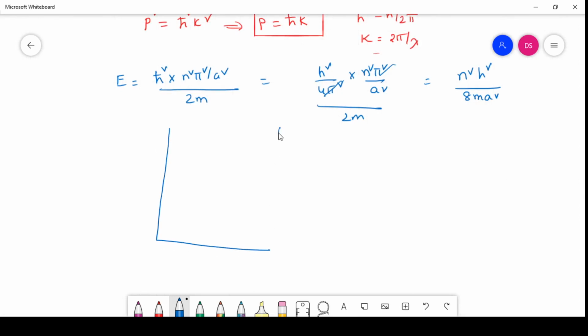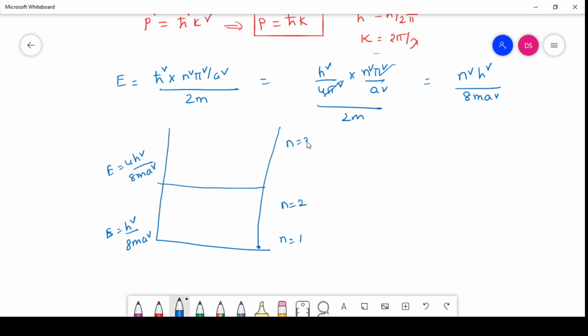According to this equation, for n is equal to 1 level, what will be the energy? E is equal to h square by 8m a square. Now what will be the next energy level? For n is equal to 2, the energy becomes 4 times h square by 8m a square.